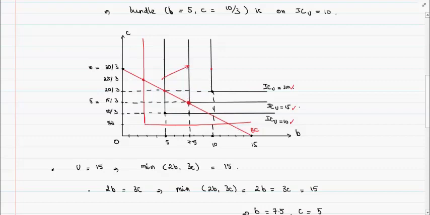One rule to remember is that the optimal bundle for the perfect complement case is always going to be on the vertex. It's going to be the vertex point, the kink point, that is touching the budget constraint. So the optimal point is the kink point, and it is on the budget constraint.